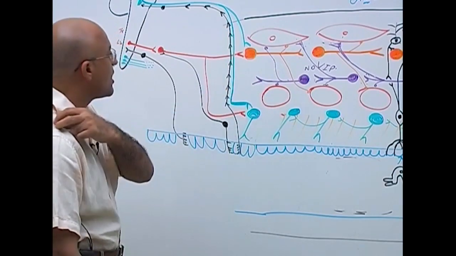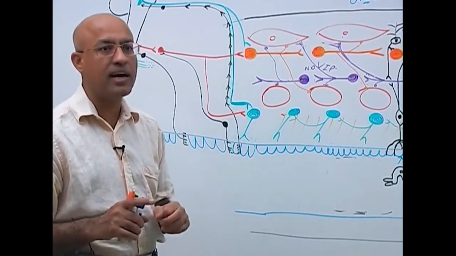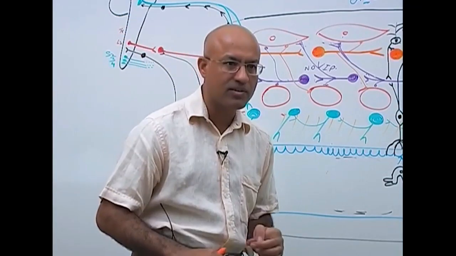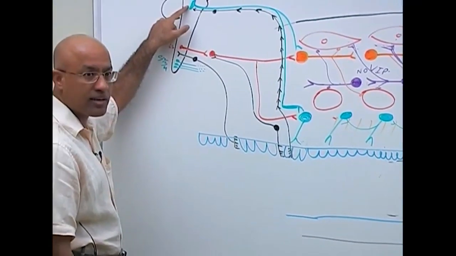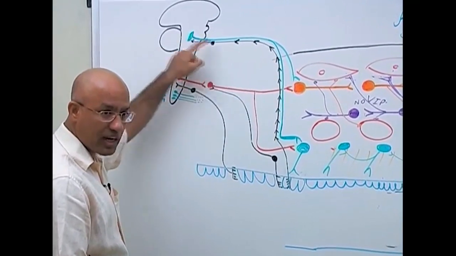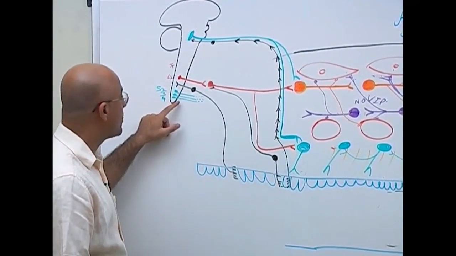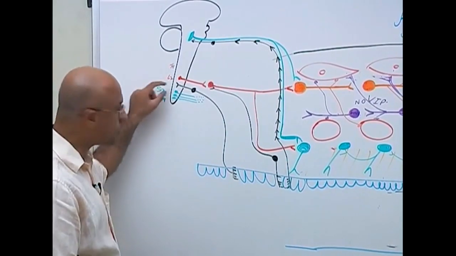Then we come to the enteric nervous system, which is also influenced by the sympathetic and parasympathetic nervous systems. The parasympathetic nervous system supplies the enteric nervous system of the GIT mainly through the cranial vagal outflow, and from the sacral outflow S2, 3 and 4 through the pelvic nerves.